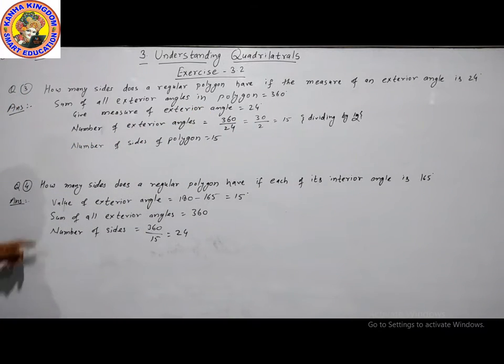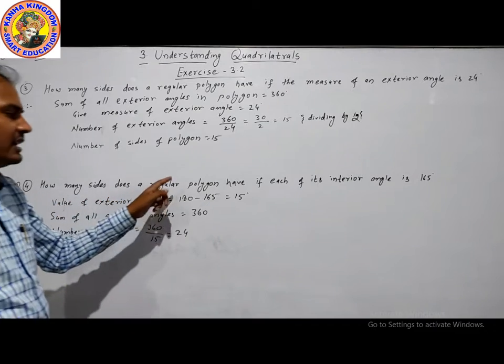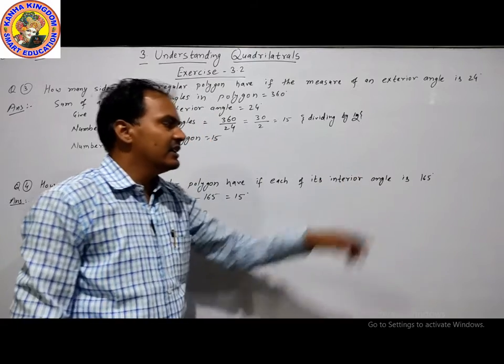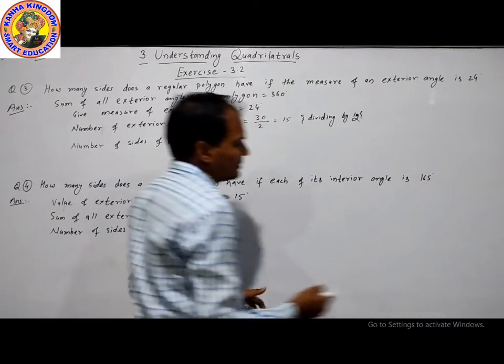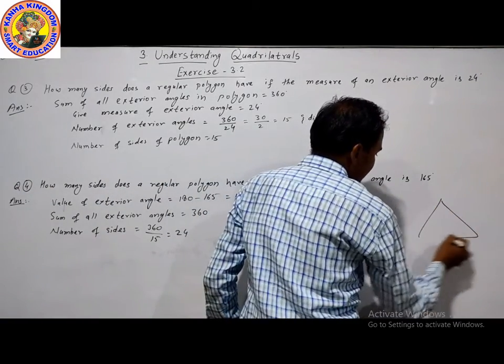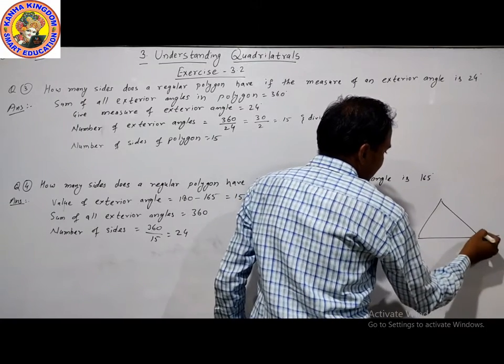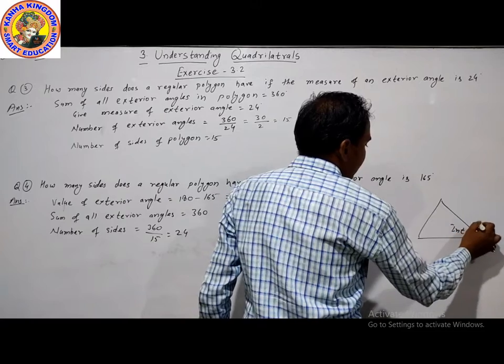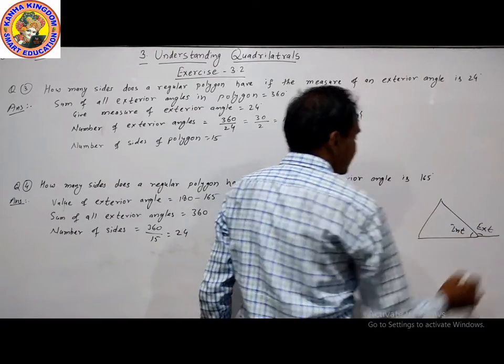In the next question, question number 4, how many sides does the regular polygon have if each of its interior angles is 165? If this is a triangle, this is our exterior angle, this is interior, this is interior and this is exterior.